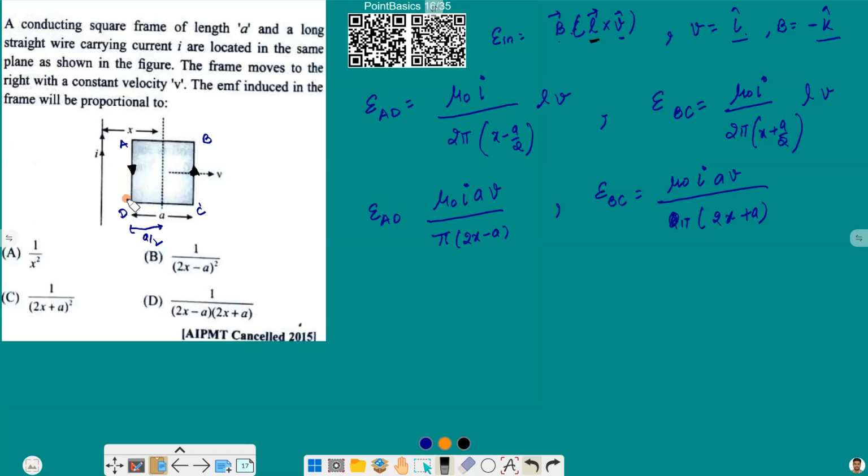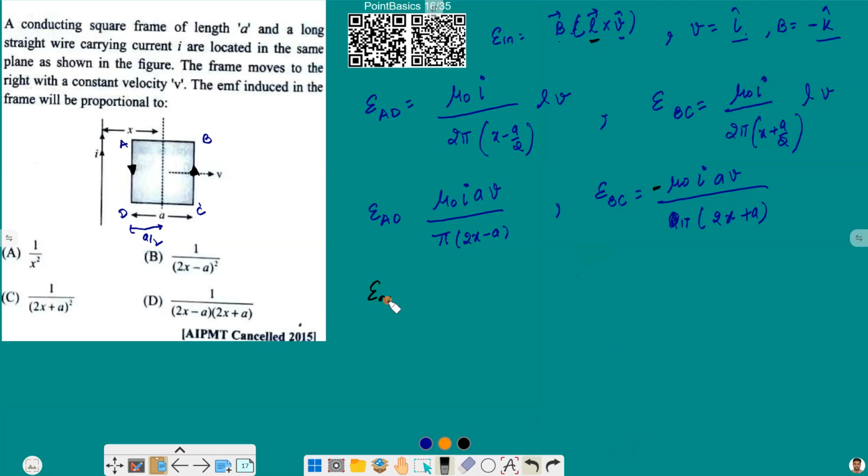Since this arm is near to this wire, the magnetic field will be strong here, so we suppose the EMF is positive in this arm, so that AD is the positive one and BC is the negative one.